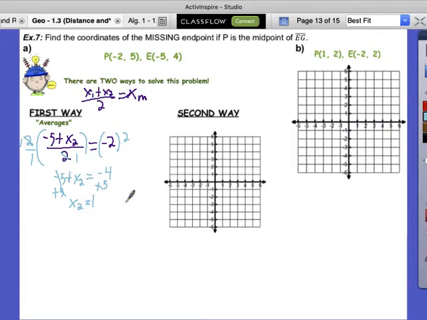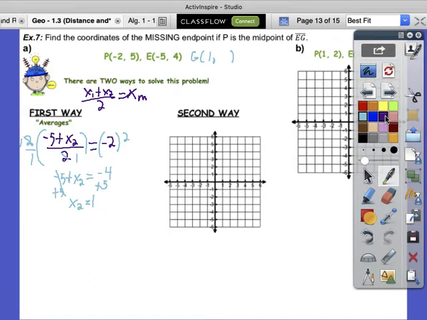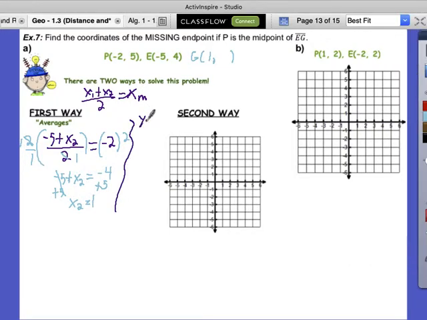So we know for our other endpoint G, because EG is a segment, the x value is 1. We still have to find the y value. So we do the same exact thing for the y's: y1 plus y2 over 2 gave us the y value of the midpoint.